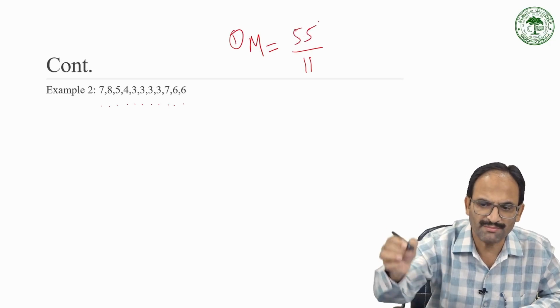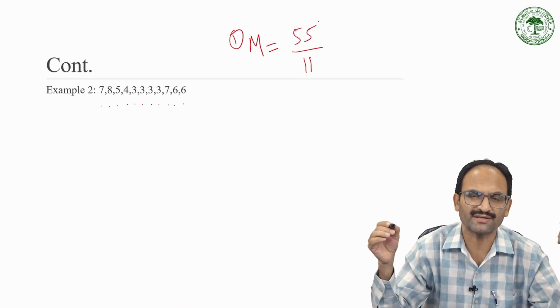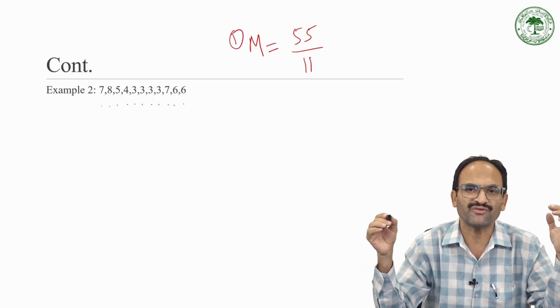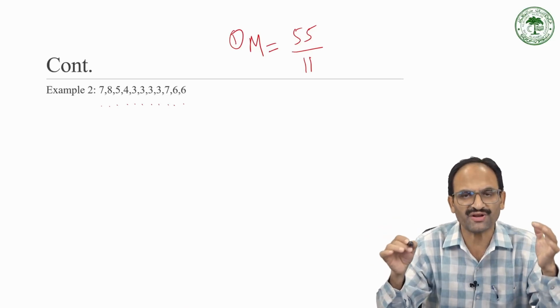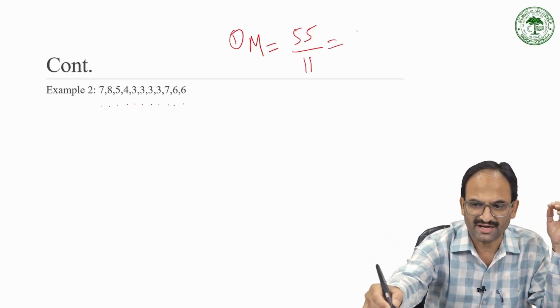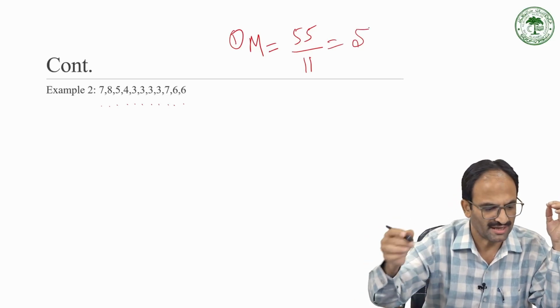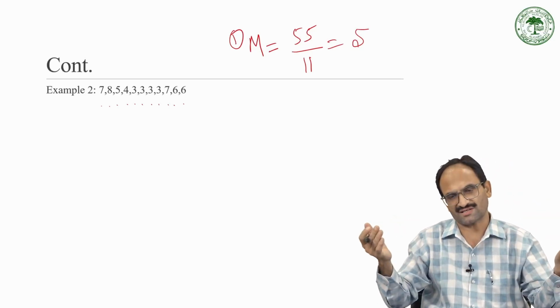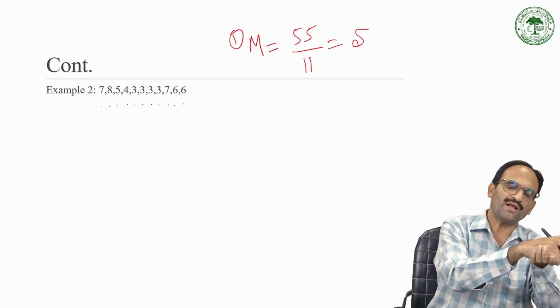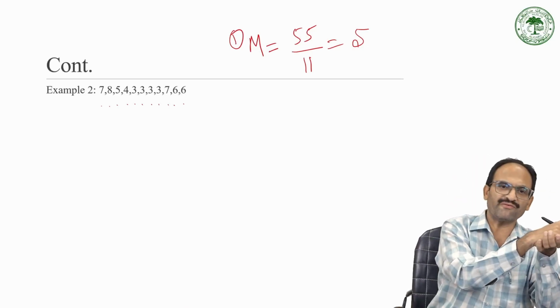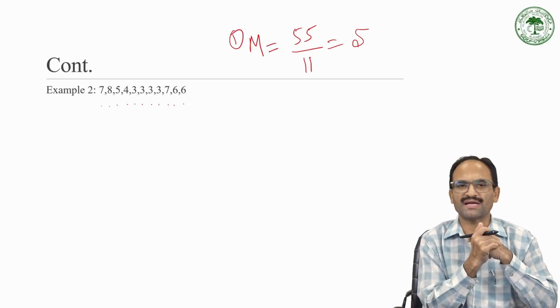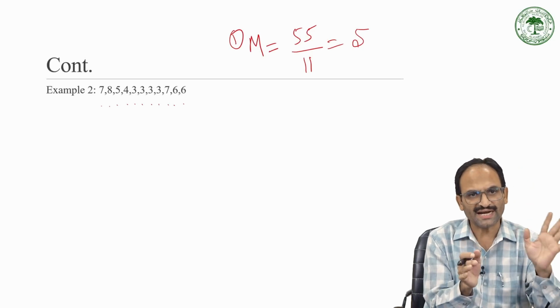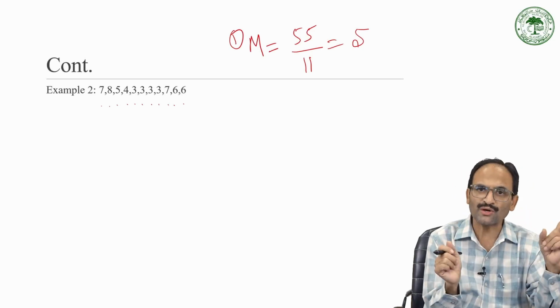So the sum of all the 11 numbers comes out to be 55. So if you divide 55 by 11, definitely you will get mean as 5. So it's simply a matter of chance that in the previous example we got mean 5 and here also we have got mean as 5.